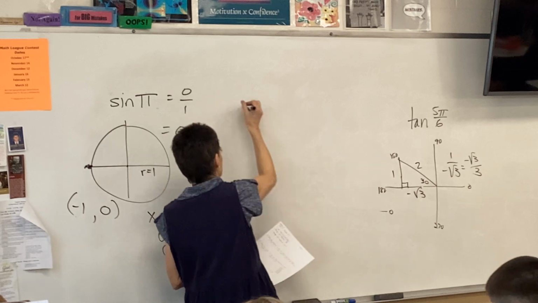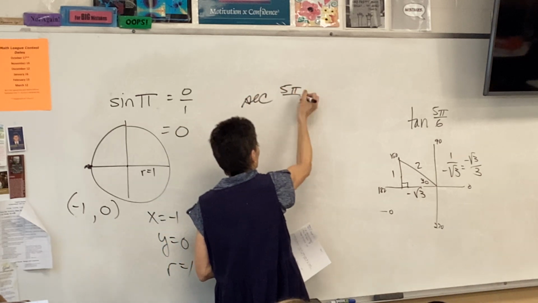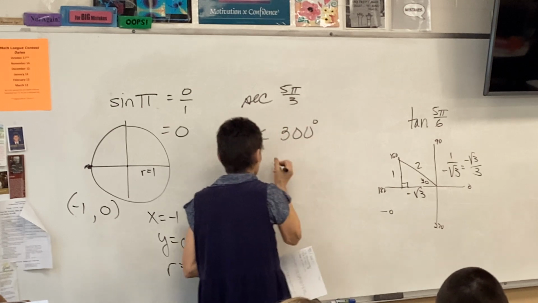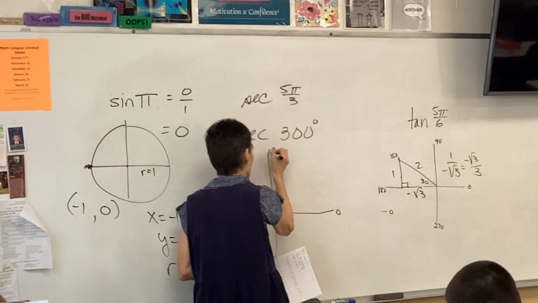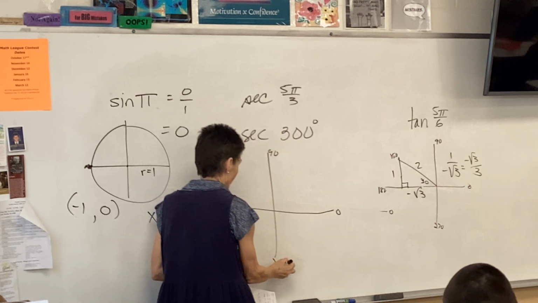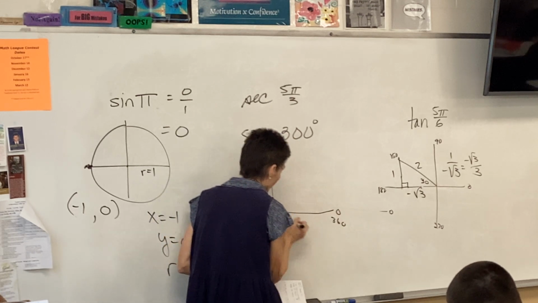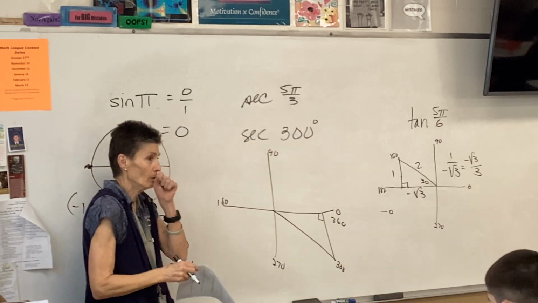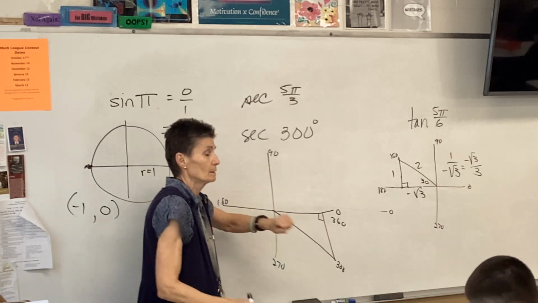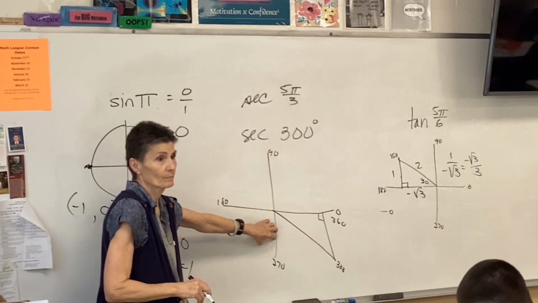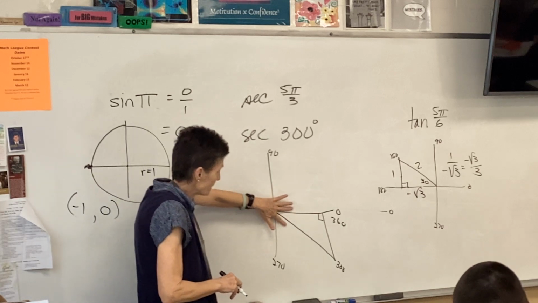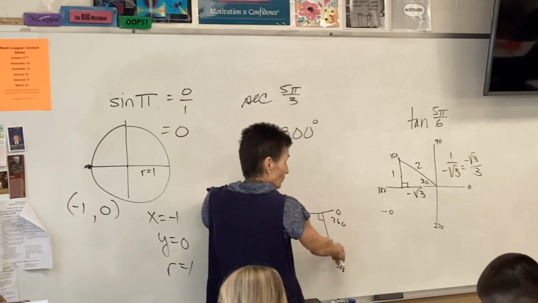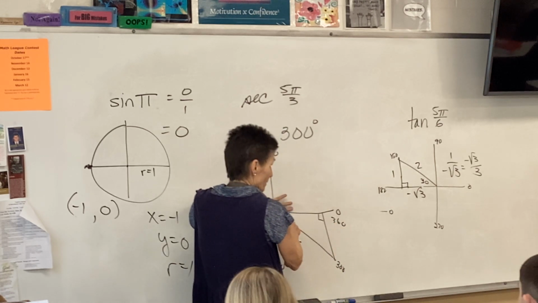Last one, secant 5 pi over 3. What's 5 pi over 3? 300. Not on a line. So I draw my triangle. 300 down here in quadrant 4. Right? Quadrant 4. And then I need this angle right here. Now that's the angle between 360 and 300. So how big is it? 60.